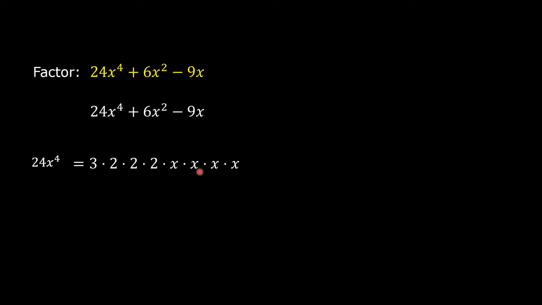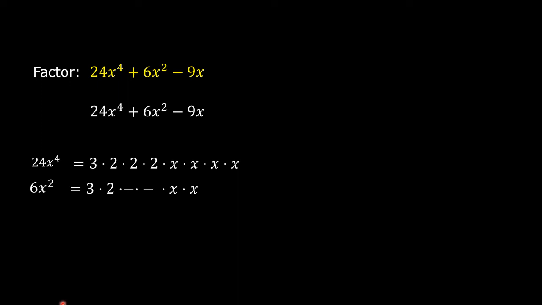Anyway, x times x times x times x is x raised to the exponent of 4. And then the second term, 6x squared. 6x squared is equal to 3 times 2. And then x, write x times x. Write 3 below 3, 2 below 2, and x below x, the other x below this x.